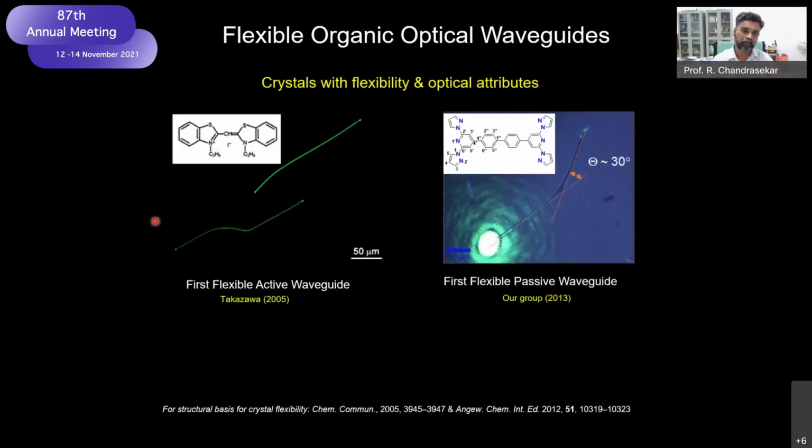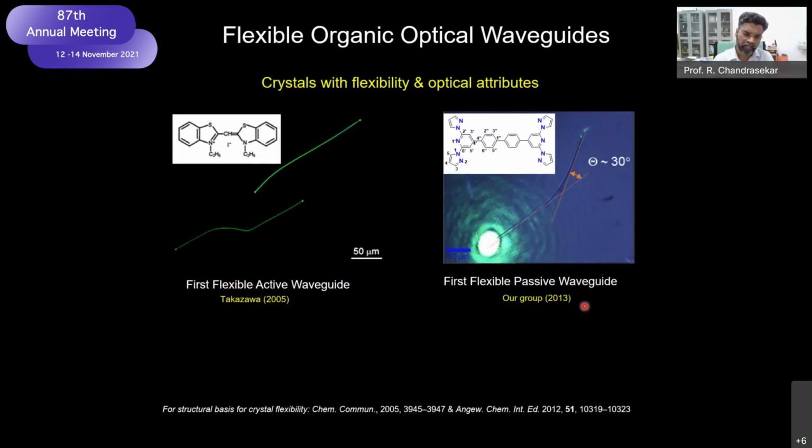And flexible crystals are not the only requirement. They also should possess optical attributes, optical transparency, and active or passive waveguiding property. The first flexible active waveguide was reported in 2005 by Takazawa's group, and in 2013 we reported passive waveguides.